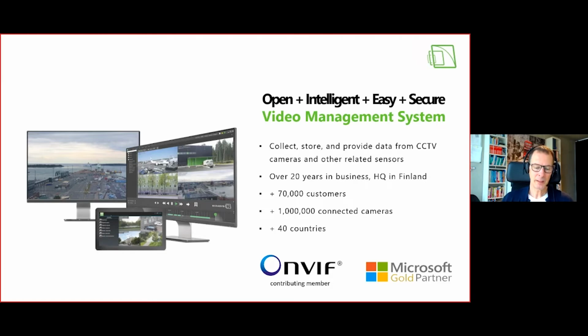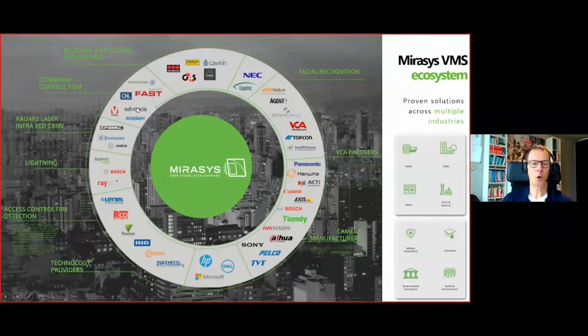Our system must be open to be interconnected with third-party systems, either that we are integrated into third-party systems like a command and control system or a PSIM system like FAST and Advances have, or we are communicating through third parties and exchanging data so that we can enrich our database and interact with access control systems or whatever you have to get more data on board, but also to send data to the third parties.